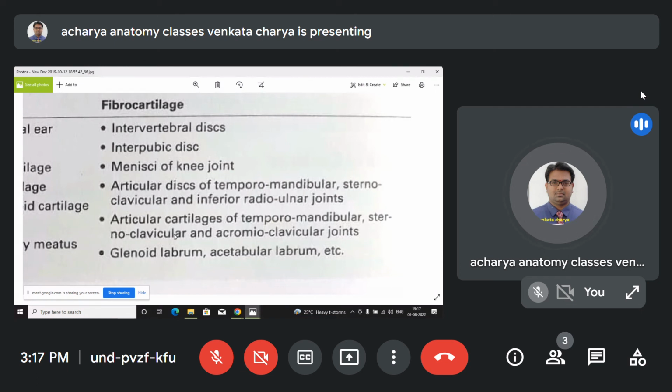Okay. Next, glenoidal labrum, which attaches to the glenoid cavity of the scapula. It is a cartilaginous ring which produces more space to the shoulder joint.